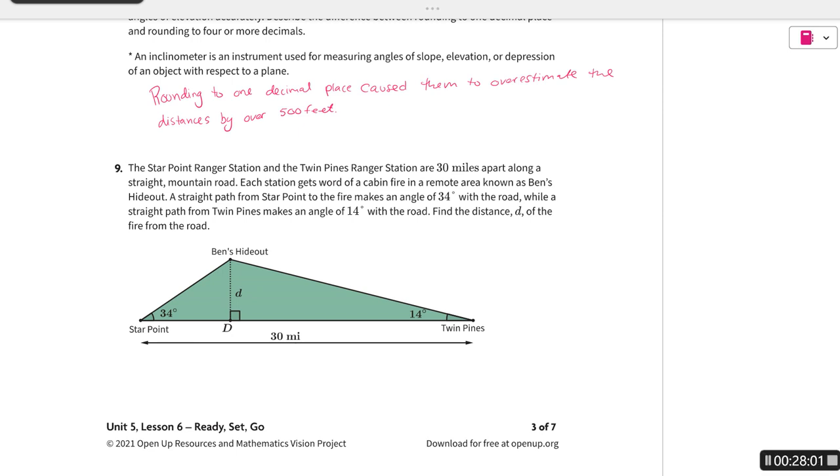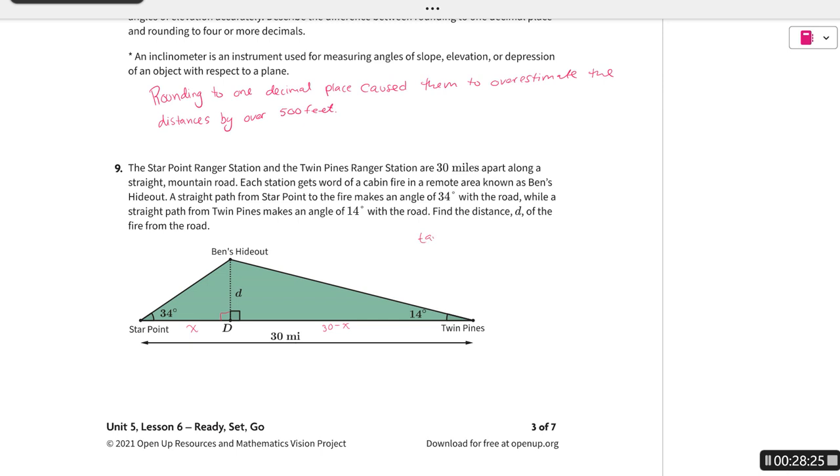We could recognize that we have 2 right triangles here, and 2 right angles. There's a second right angle right there. And we could make 2 equations with d. We could say that, let's say this is x and this is 30 minus x. So if we want to avoid anything other than right triangle trig, we could absolutely go about saying that.